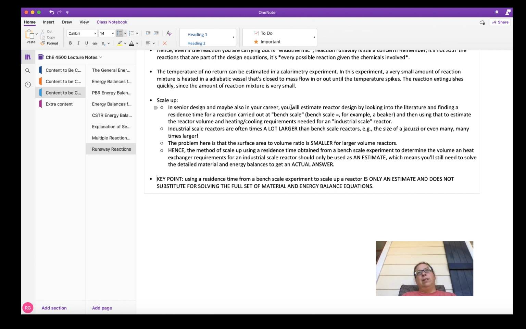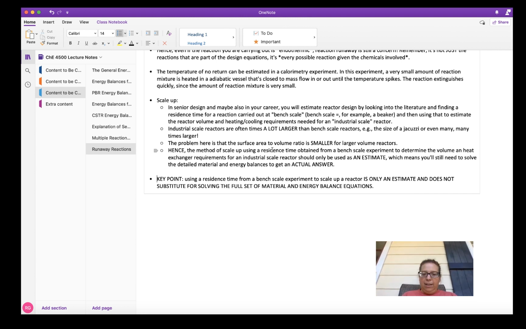Now that estimate of the residence time is based on their bench scale experiment. So if you want to scale up, then you can estimate using their residence time what reactor size, for example, you would need to achieve the production rate that you want in your industrial scale reaction.